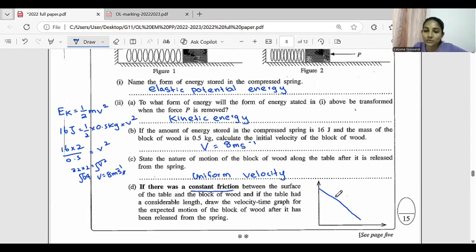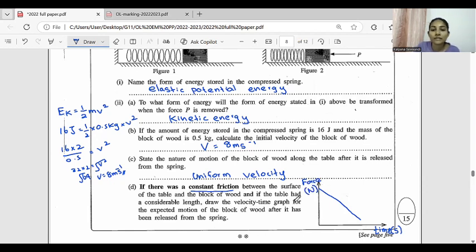Using a ruler, you should draw like this. And you also need to name the axes. Then when we name the axes, this is time. Time is measured in seconds. And this is force. Force in Newton.